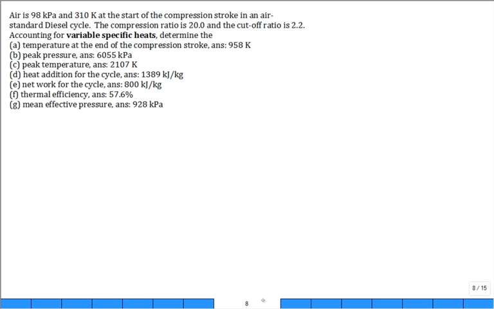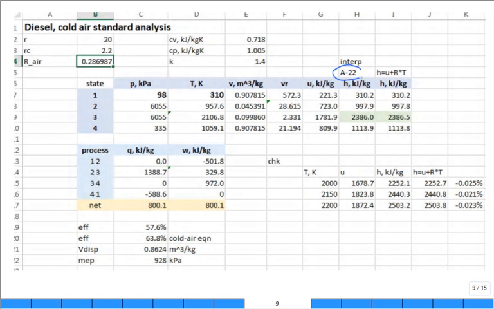Well, what did we do once we did it for constant specific heats with the Otto cycle? Redo with variable specific heats. It's the same type of strategy. You're using table A22 and you're using the v sub r's when you have isentropic processes.